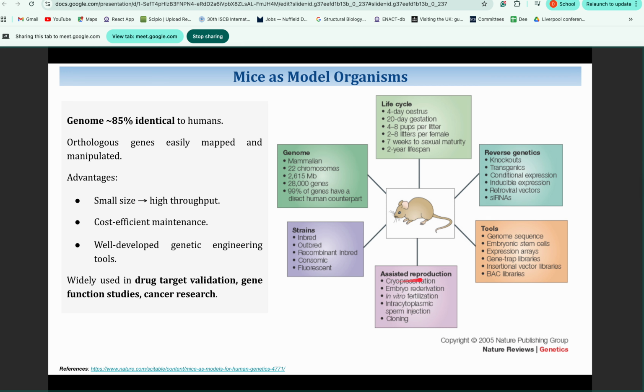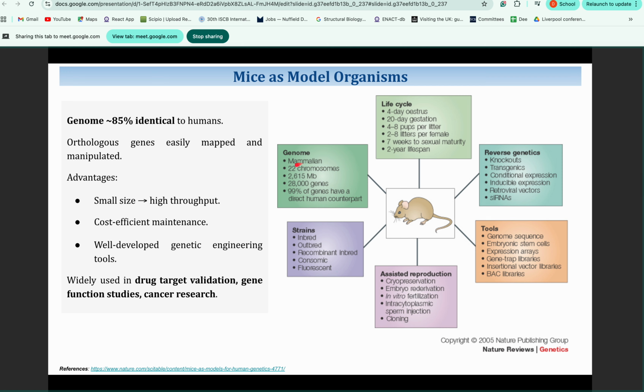In that way we can do assisted reproduction. There are also different strains, so we can perform inbreeding, outbreeding, recombinant inbreeding, consomic and fluorescent strains. So these can be done.